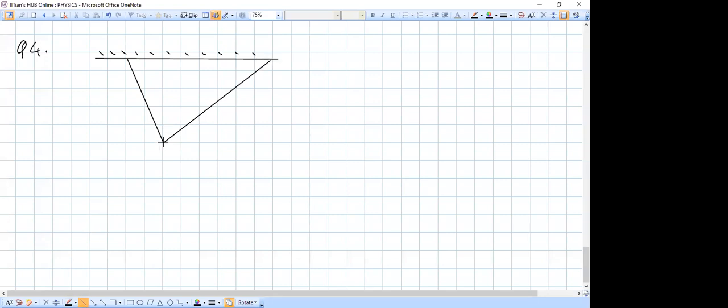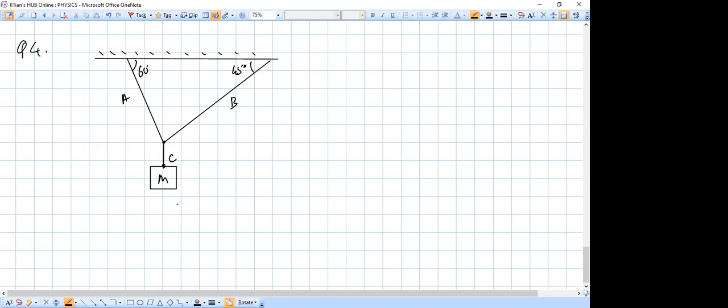And there is a block attached like this. So this angle is 60 degrees. This angle is 45 degrees. This string is, let's say, A, this string is B, and this string is C, and we have to find the tensions in each of the strings.